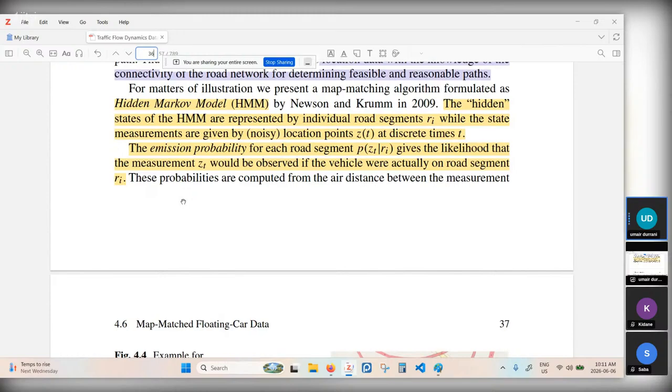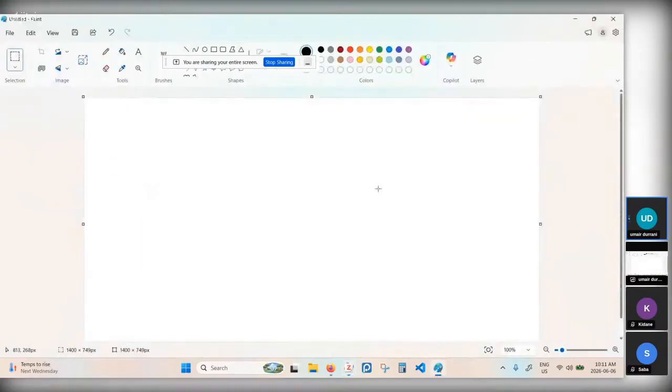So there are two probabilities that we need to estimate for solving the map matching problem. The first probability is called the emission probability, and this is given by the formula P of z of t given Ri. So let me switch here and let me write it here so it's clear what we are discussing.